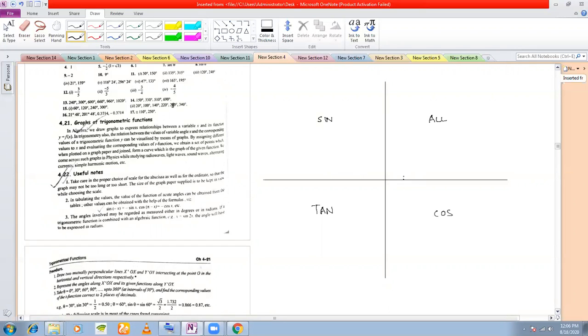Now these rotations are from 0 to 90 degree or 0 to pi by 2, from 90 to 180 degrees or pi by 2 to pi, pi to 3 pi by 2, that is 180 to 270, and this is 270 to 360.